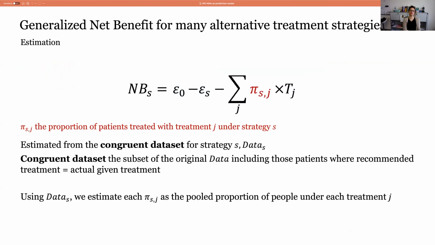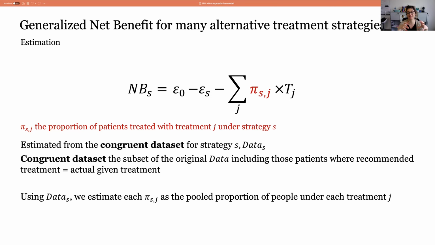So how do we estimate these quantities? First of all, let's look at the proportion of patients treated with treatment J as recommended under strategy S. We need to first find the congruent data set for strategy S, which I denote as data S. The congruent data set is a subset of the original data that includes those patients where the recommended treatment under strategy S matches exactly the actual given treatment.